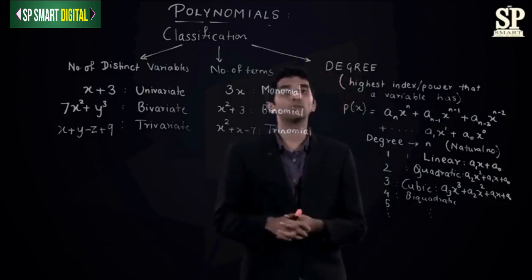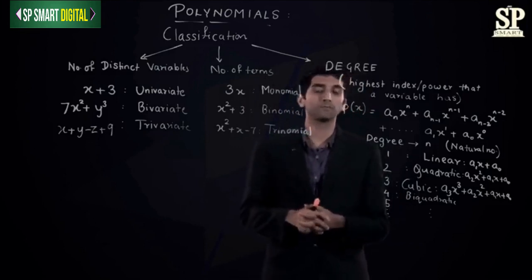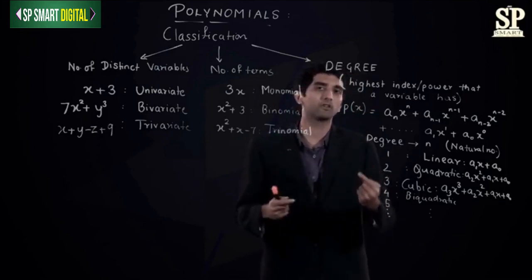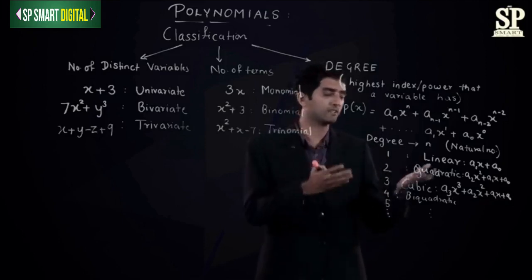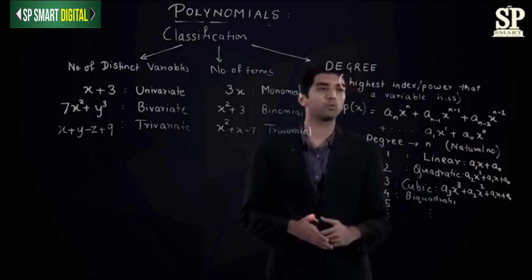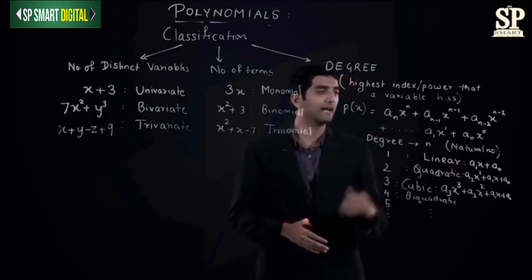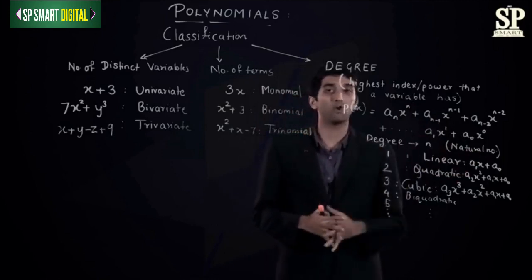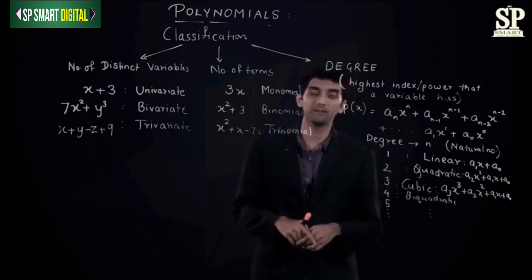And lastly, the most important classification, which is based on the degree, which is nothing but the highest index or the power of the variable. Most likely we use x, and this is the general polynomial equation. This is how we present it, and the degree is n because that's the highest power of x, which is always a natural number. It cannot be a fraction.